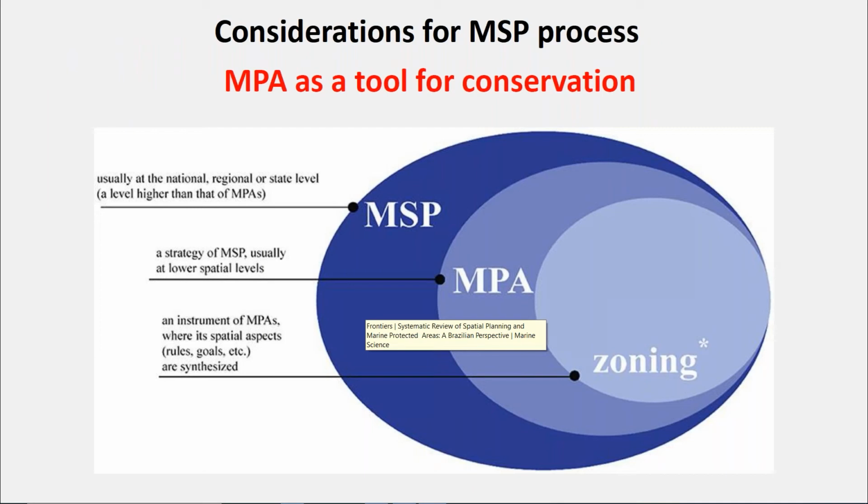So how do we put consideration for the marine spatial planning process in conservation of coral reefs? MPAs have been used as an important tool for conservation of coral reefs. And in this illustration, I show how it sits in the different levels of marine spatial planning. So we have marine spatial planning as this bigger process where MPAs are at a lower spatial level within the MSP process.